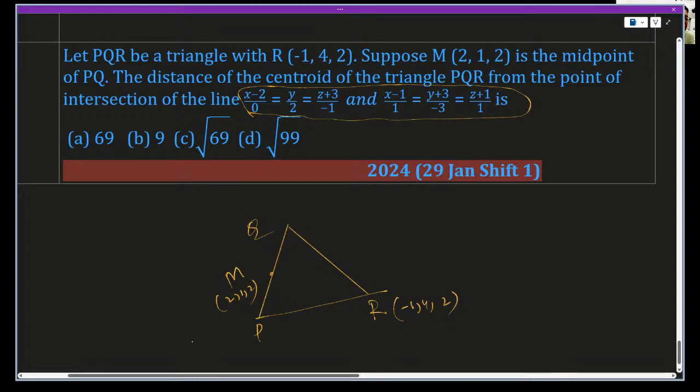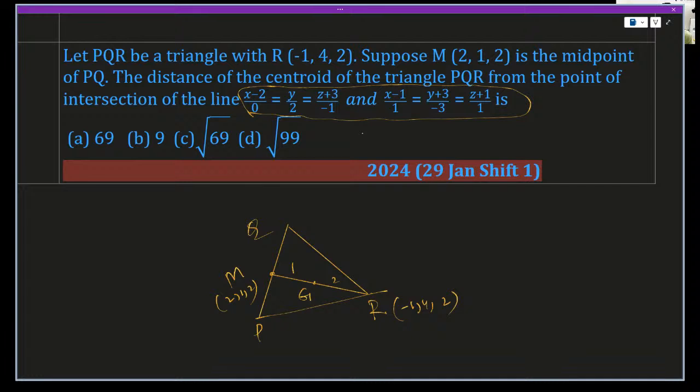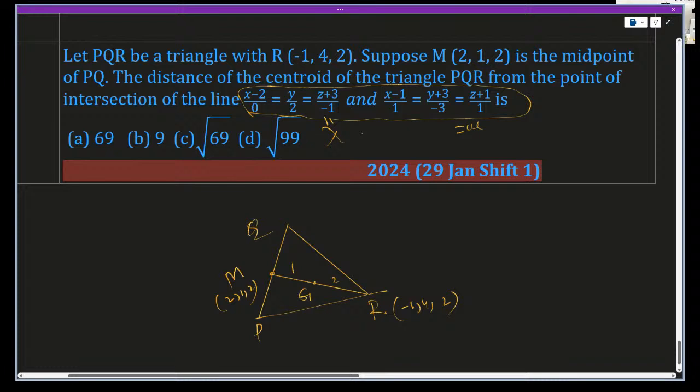Just to check your fundamentals. How will I get this centroid coordinate? Midpoint given, R given, 1 is to 2. How do I get the centroid? 2 is to 1. This part 2, this part 1. Now where do these two intersect? Take this one equal to lambda, this one equal to mu. Just solve it completely. They are asking this question, see 2024. So many sessions they have asked the same question. These are not difficult sums. You just take first one lambda, second one mu.